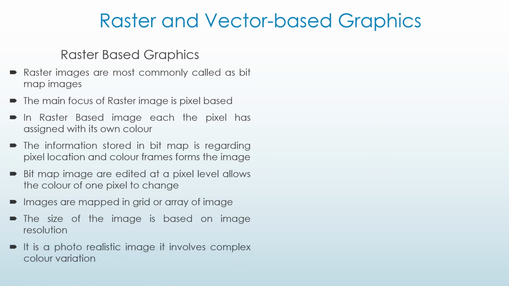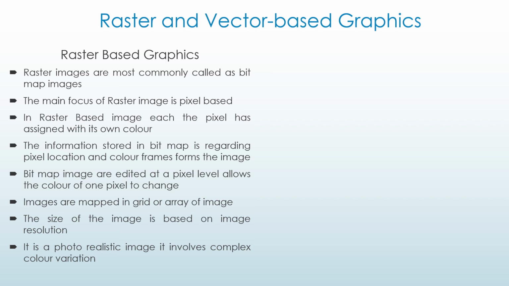Next, realistic images involve complex color variation. It is a realistic image, but as I said, it only allows one pixel to be changed at a time. So obviously if a complex image is given, it takes lots of time.